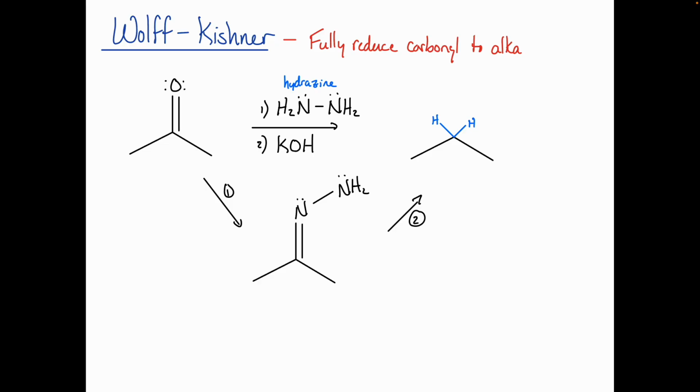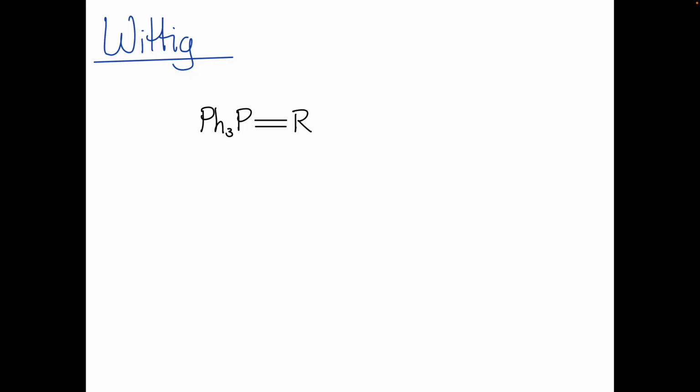All right, our next reaction in this other category is what's called a Wittig reaction. This Wittig reaction here uses this very weird reagent, this Wittig reagent called an ylide.